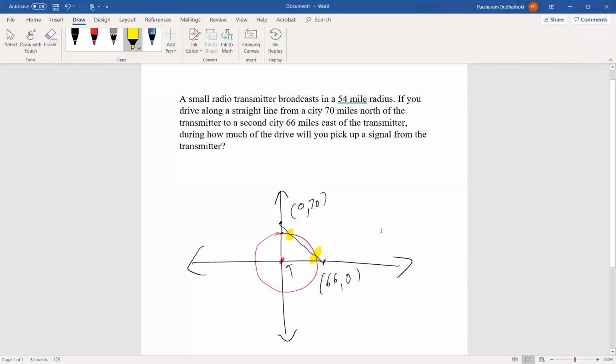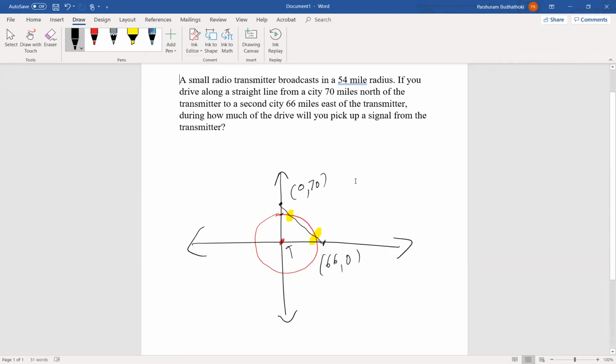So in this problem you need to find out the distance from this point to this point. And you can find the distance between two points if you know the coordinates for those two points. So the idea is, how do you find the coordinates of this first point and of the second point?